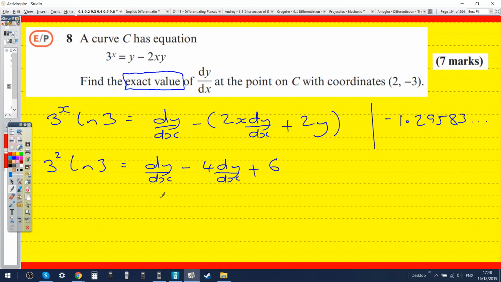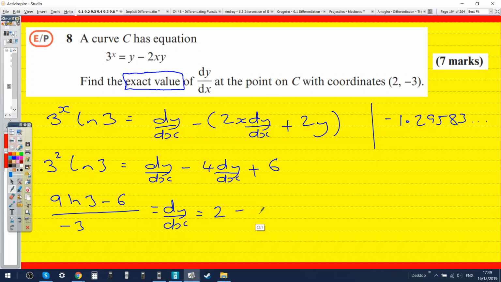So 9 ln 3 minus 6 over minus 3 equals dy by dx. And let's simplify this maybe. If you factorize out minus 3, then you have in brackets minus 3 ln 3 plus 2.